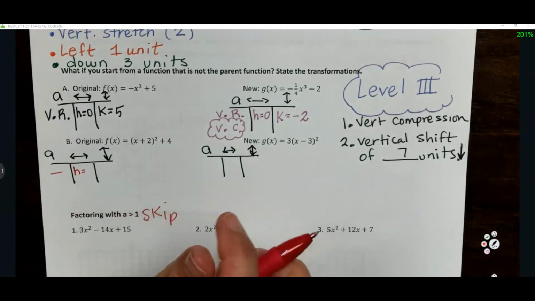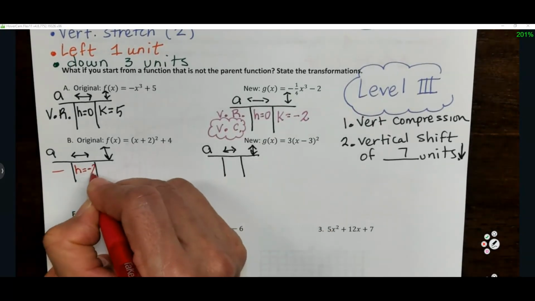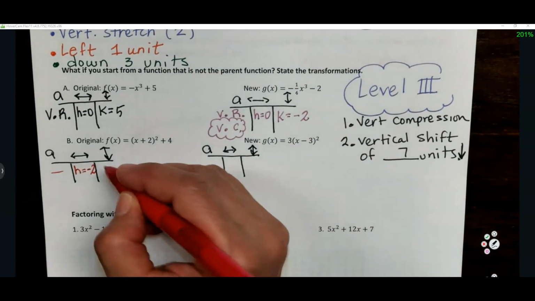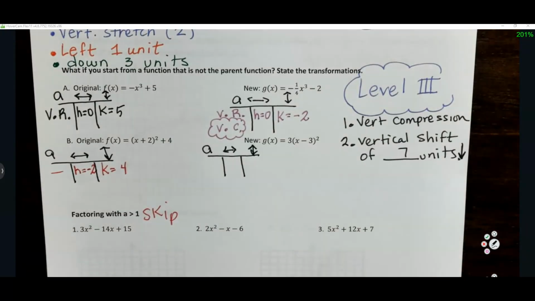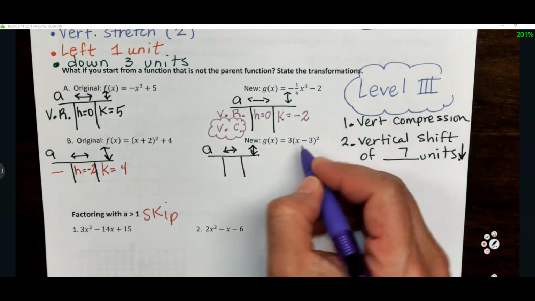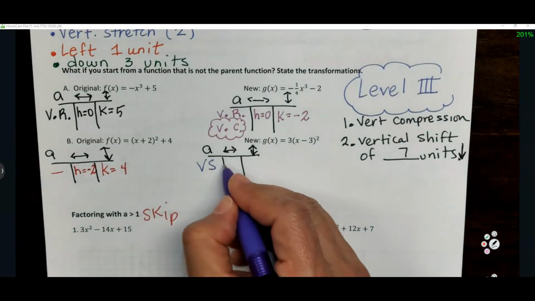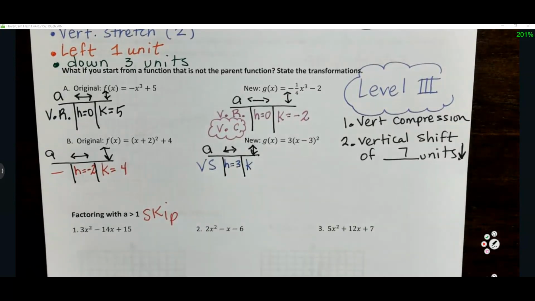You better tell me the opposite. -2. And what's your K value? Over here on the flip side, for G of X, you got a vertical, what is that called? Stretch. Right, VS for a vertical stretch. What's your H value now? What's your K value? 0. That's right.